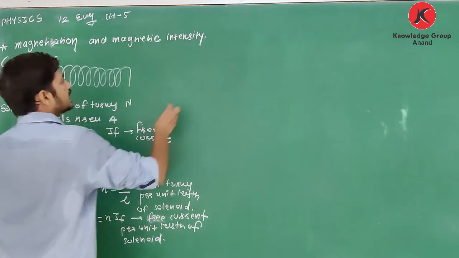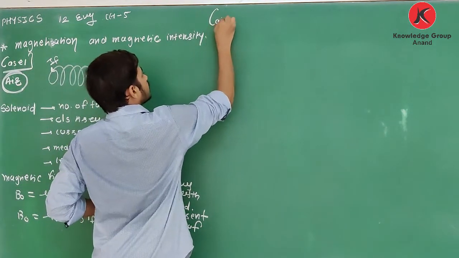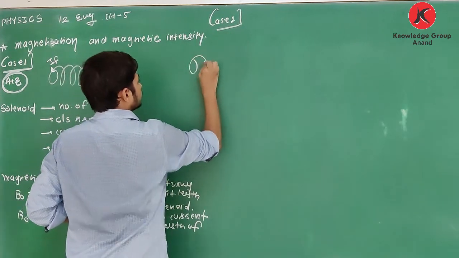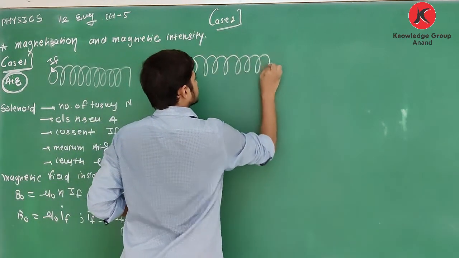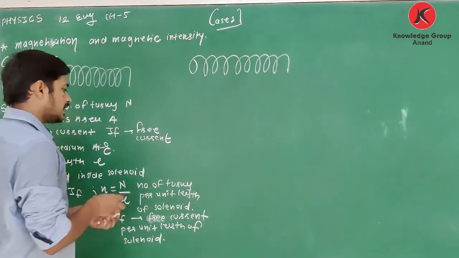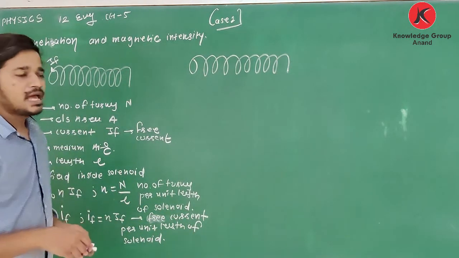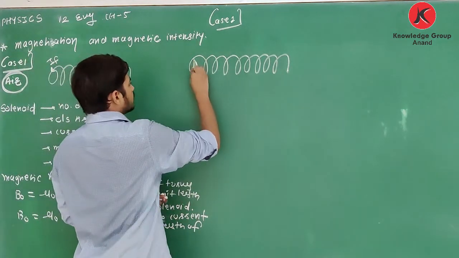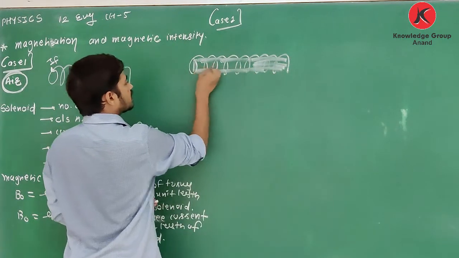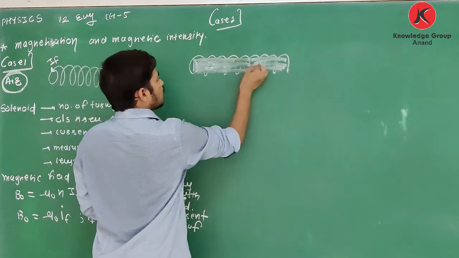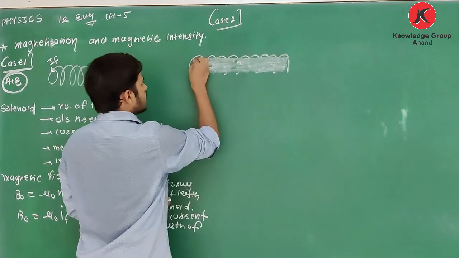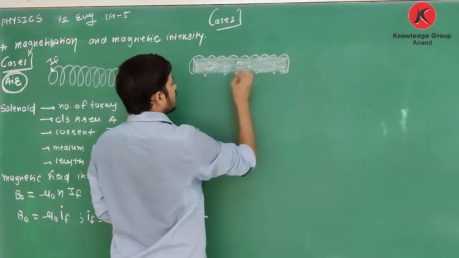Now, what is magnetization? See, case 2. Inside the same solenoid, one magnetic material is placed, having the same length and same cross-sectional area.